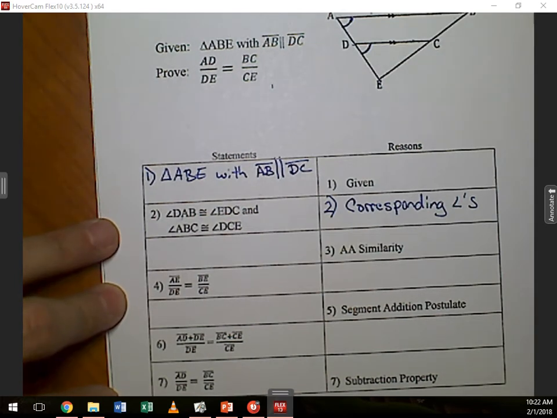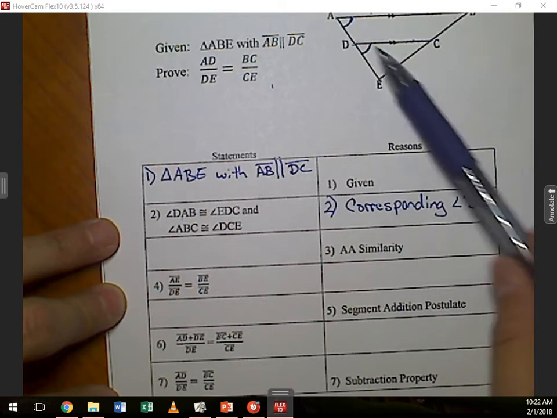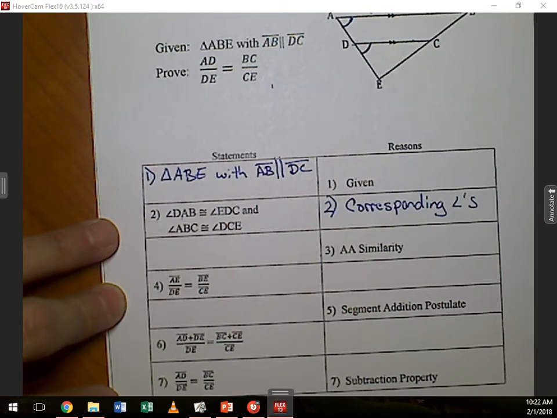Is there another angle pair that's congruent that's not marked on here? It's not given to us. What else could I do? Here's a hint. It's angle E.